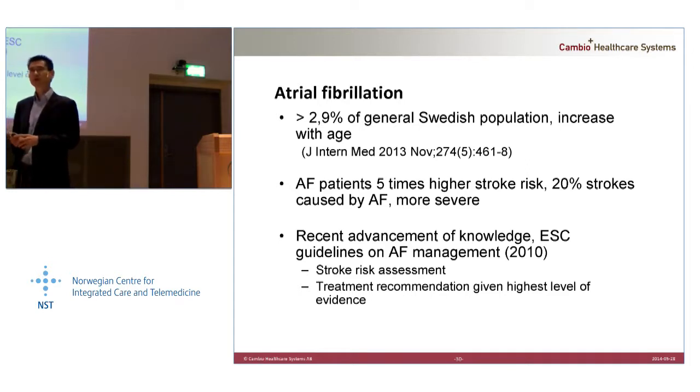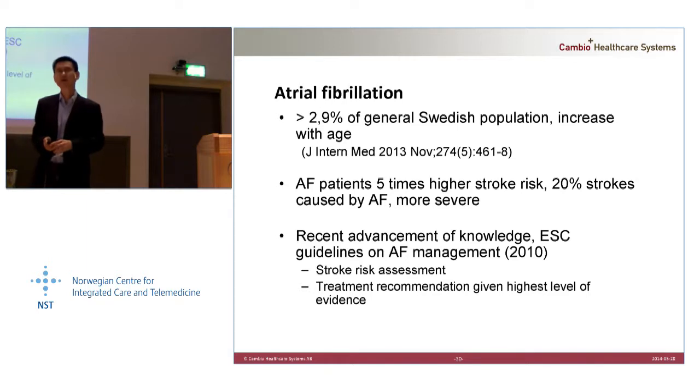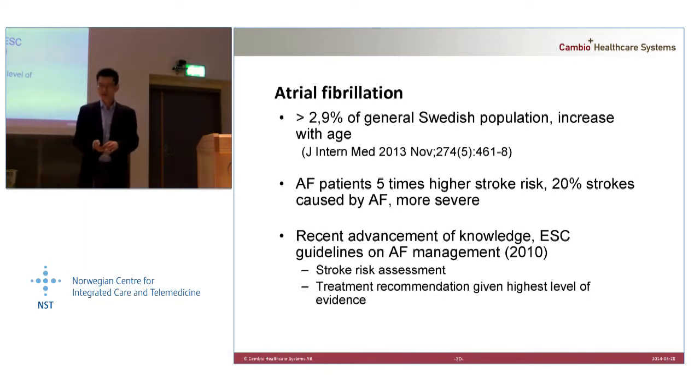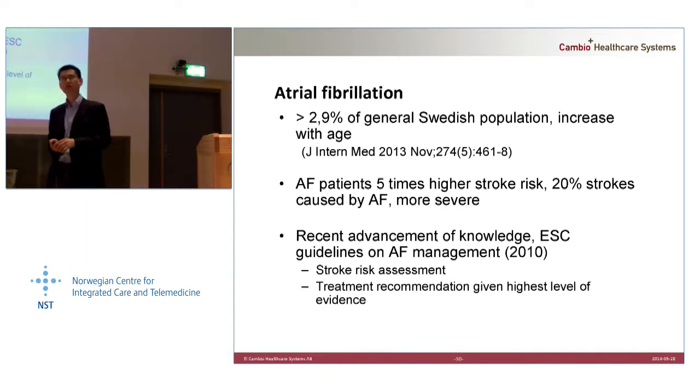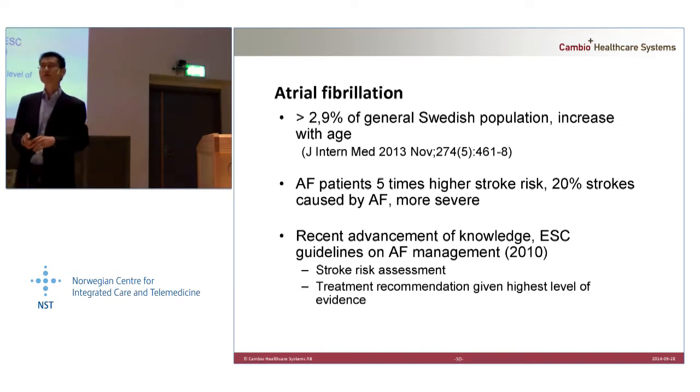So AF is the most common arrhythmia in the heart. It's in the atrium, and prevalence is somewhere around 2.9 to 4% in the general population. And it goes very high towards 10-15% in the elderly population. The main problem with AF is that it causes strokes, infarction in the brain.